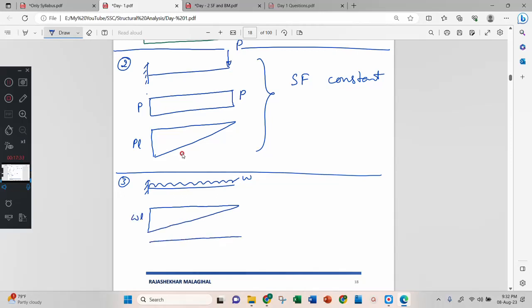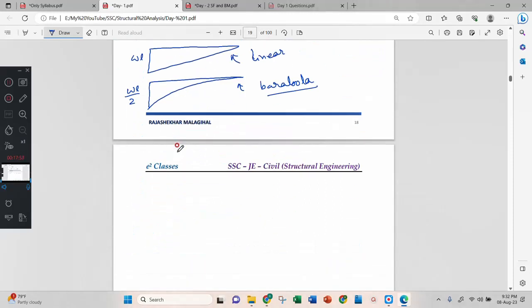And bending moment diagram is this one. Okay, WL by 2. Okay, this is linear. This is linear. This is parabola. Who said? Parabola. Right?